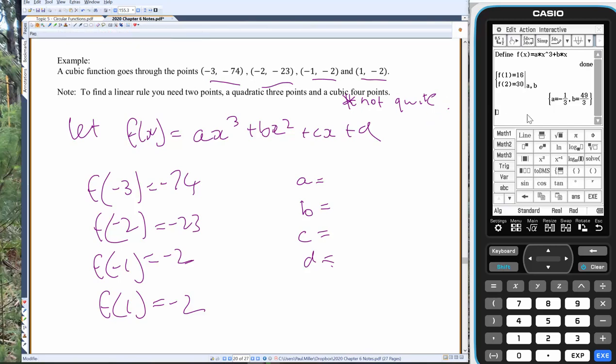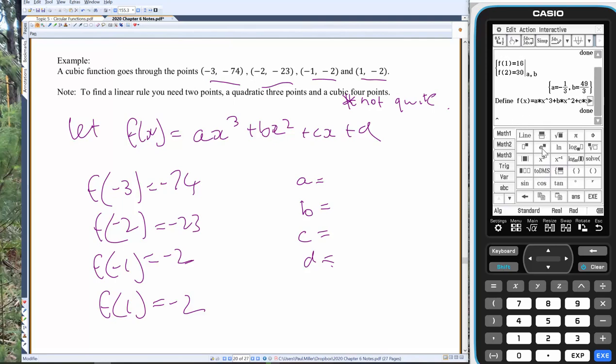All right, so let's set that up. I'm just going over to my calculator and I'm going to define f(x) equals ax cubed plus bx squared plus cx plus d. And let's get the template going.